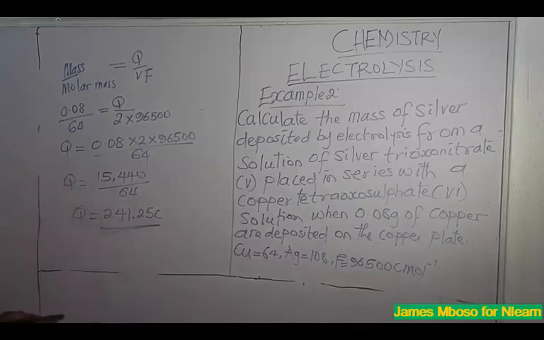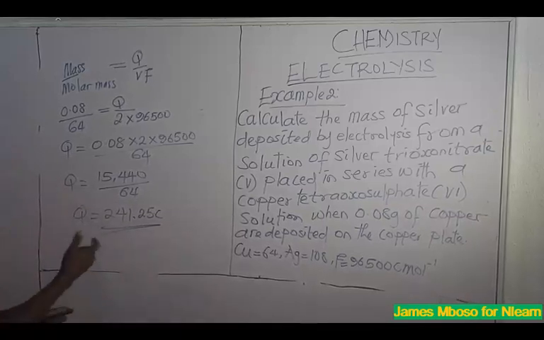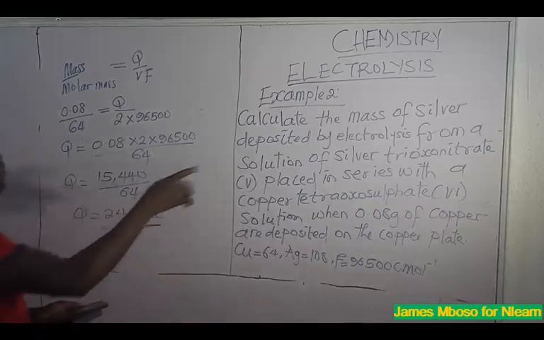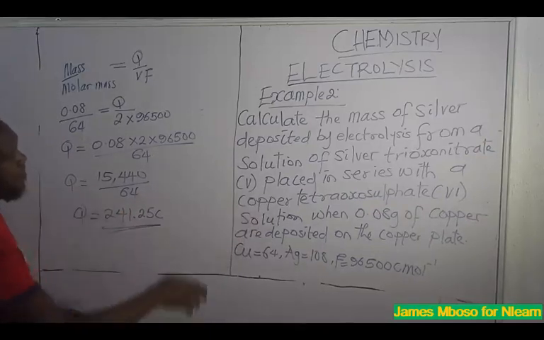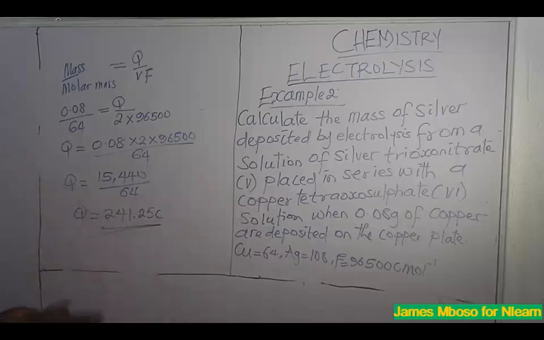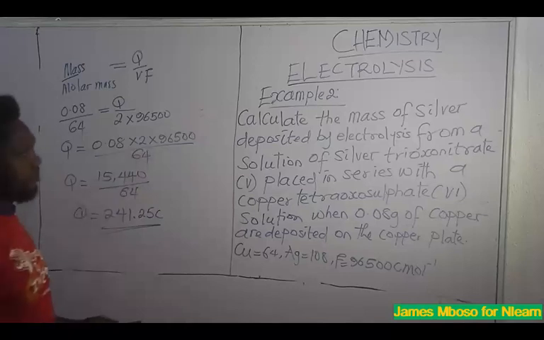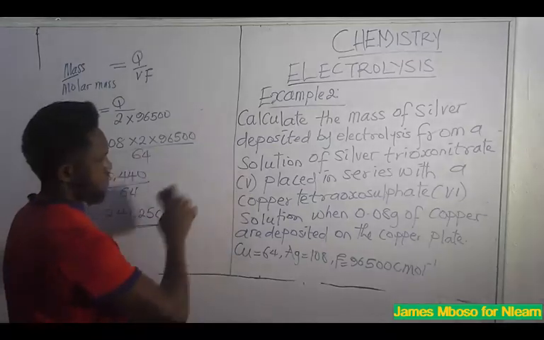So this is the amount of electricity that is passing through the cells of silver as well as copper. Now, since we have gotten the quantity, we can substitute it to get our mass of silver.